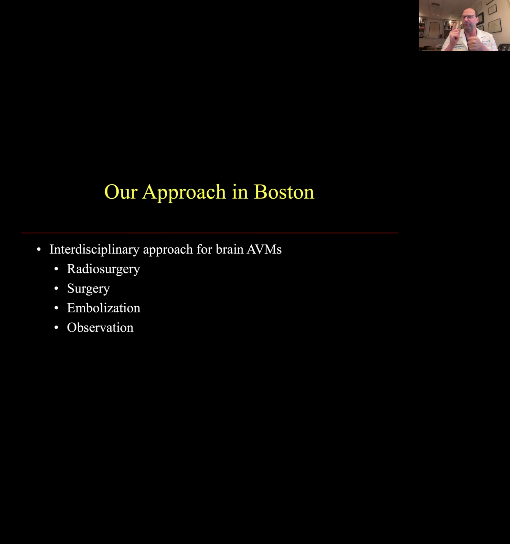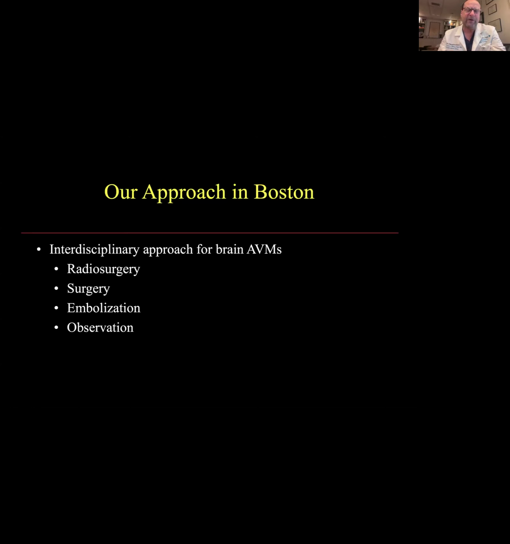You need to have the possibility of radiosurgery, that's called gamma knife or LINAC, open vascular surgery, endovascular surgery or neurointerventional radiology or embolization, all the same word for going through the blood vessels. And to not forget, observation is also an opportunity.